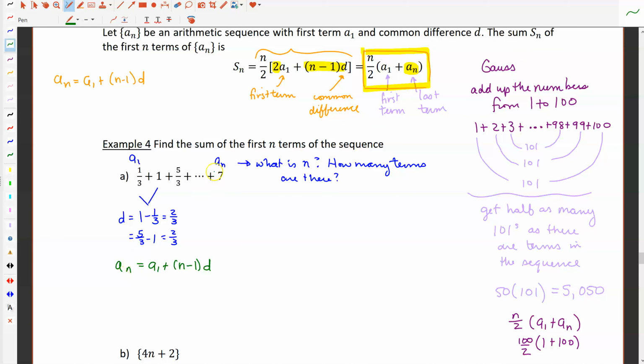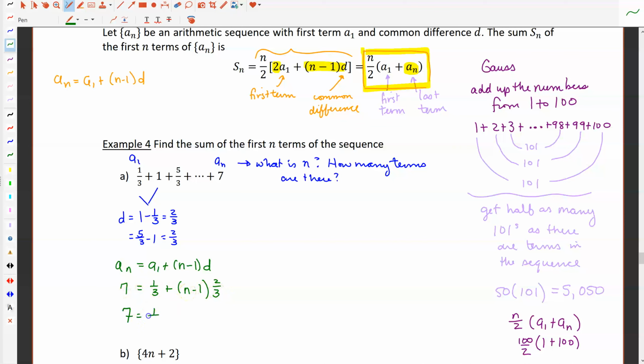So let's look at that last term. I know that 7 is going to be equal to a1, my first term, which is 1/3, plus n minus 1. Now I don't know what the value for n is. That's what I'm trying to find. But now I know my common difference is 2/3. So the only unknown in this equation is n. I can solve for it.